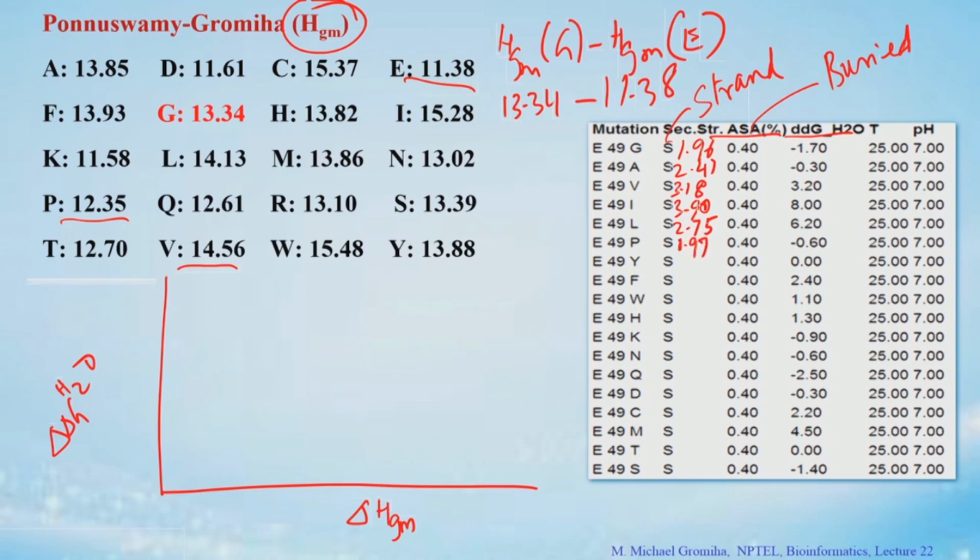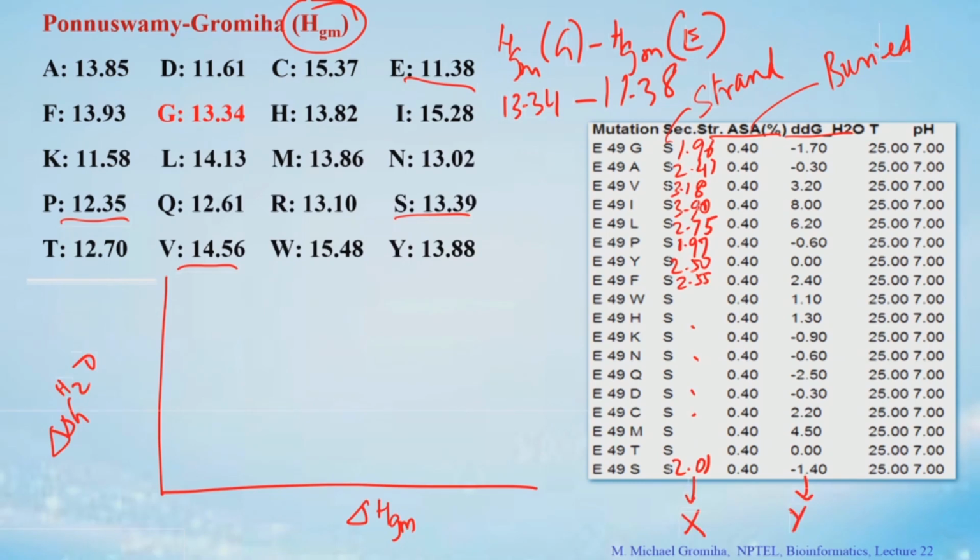And E49Y is 2.50 and 2.55. So, you can get the values. For the last one, E49S, serine, about 2.01. Now you plot this as x axis and this as y axis.